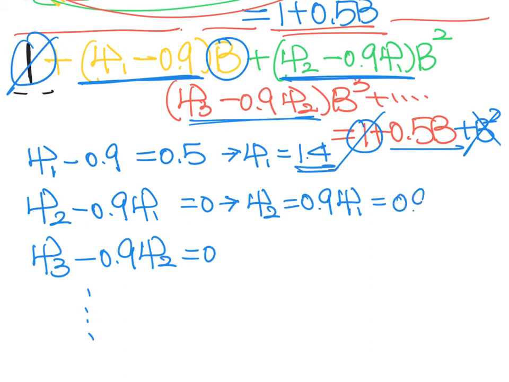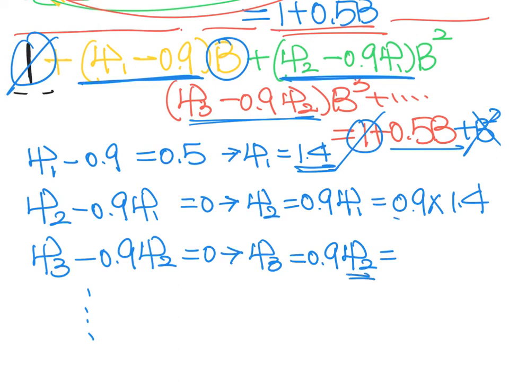So it's 0.9 times 1.4. Next, big phi 3 will be 0.9 big phi 2. And how much was the big phi 2? Here it is, 0.9 times 1.4. But here is 1 more 0.9. So here is 0.9 squared times 1.4.